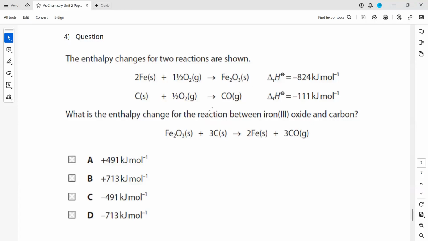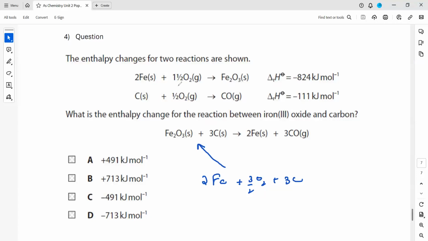You can make a Hess's law cycle, because this is what we need. So we need 2 iron, total 3 oxygen, so it will be 3 by 2 O2, plus 3 carbon.